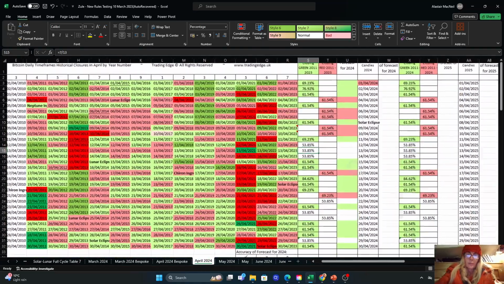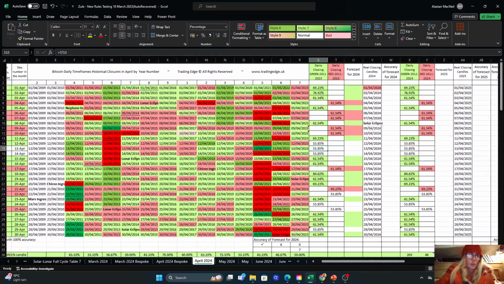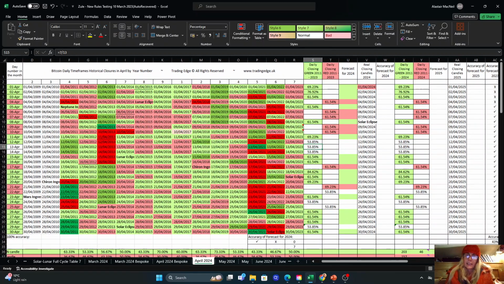What is good about this forecast is that it gives us the historical trend in a certain month. If we look at these percentages, we have 1, 2, 3, up to 16 significant days in the month that have closed on green candles above 60% of the time.